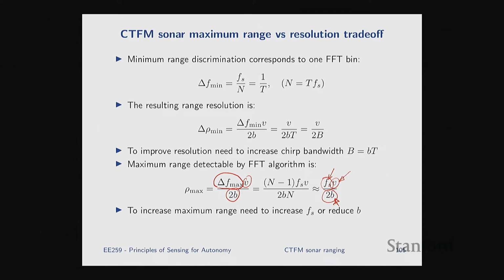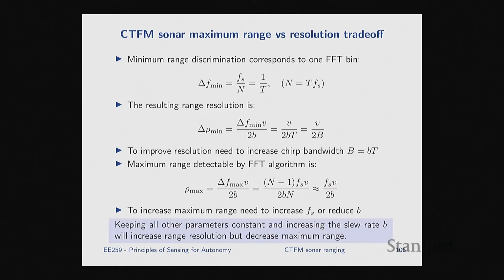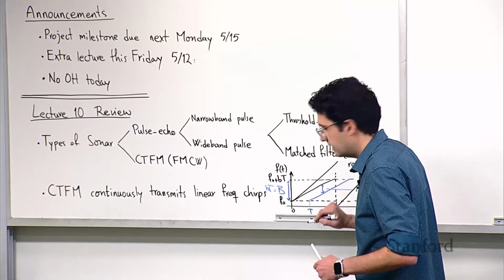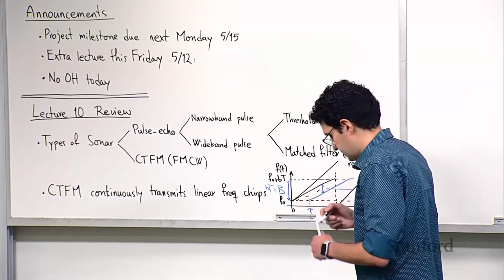So here you see two opposite effects. In terms of this slew rate, if you keep everything the same and just change the slew rate of these chirps, and remember, the slew rate is like the slope of how quickly you vary the frequency. If I want to increase the slew rate, it's going to go up faster, right? If you reduce it, it's going to go up slower.